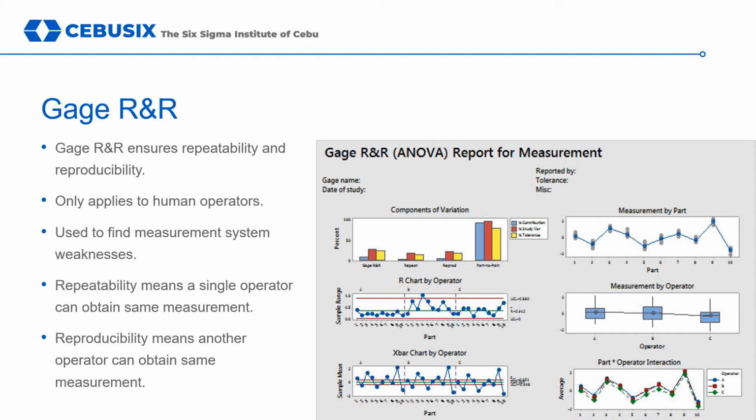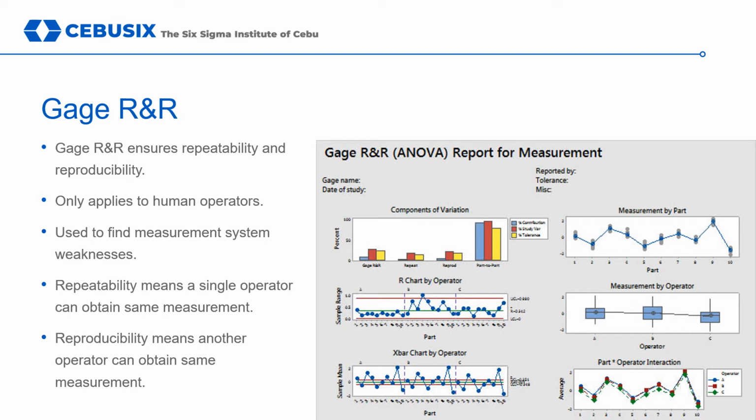In Gage R&R testing, repeatability means that a single employee using the same measurement system and appraising the same things can repeat his or her measurements. Reproducibility means that multiple employees using the same measurement system and appraising the same things can come up with the same measurements that match or are very close to matching.